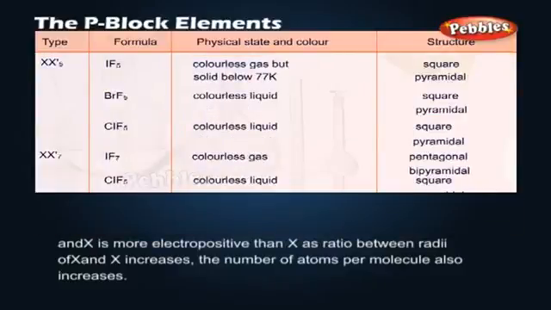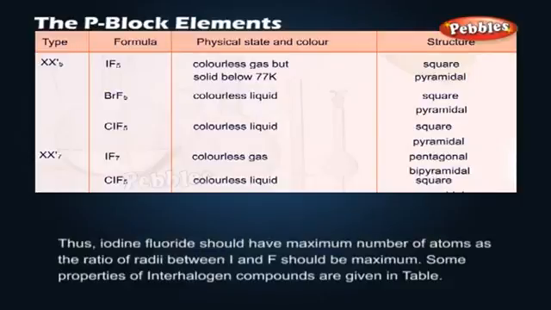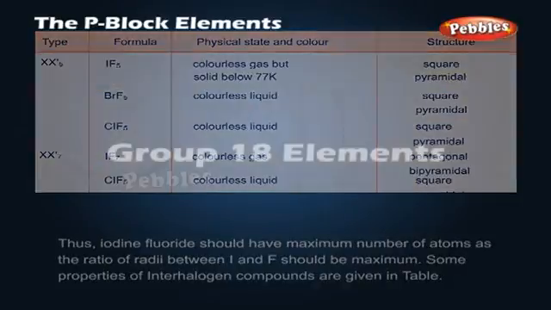As ratio between radii of X and X' increases, the number of atoms per molecule also increases. Thus, iodine fluoride should have maximum number of atoms, as the ratio of radii between I and F should be maximum. Some properties of interhalogen compounds are given in table.